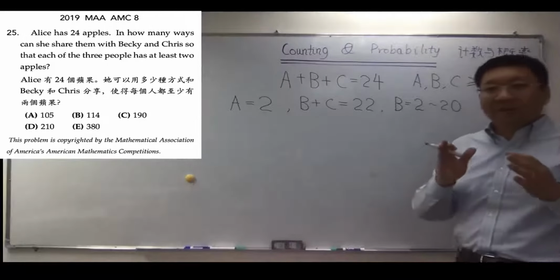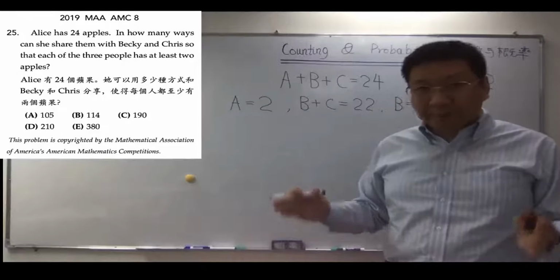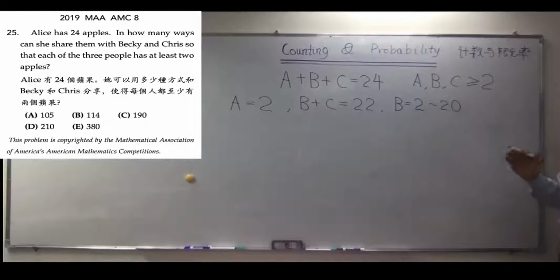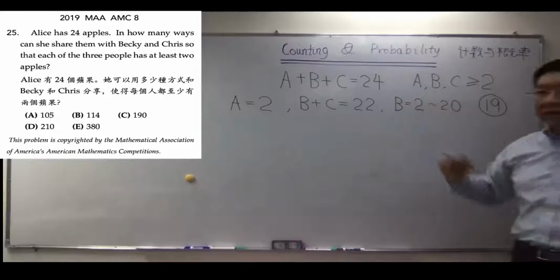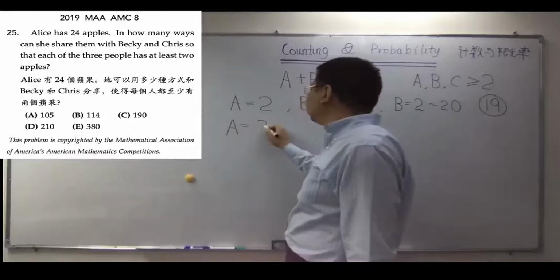Then from 2 to 20, how many possible cases are there? Remember, the answer is not 18, because from 1 to 20, there are 20 numbers. So we exclude 1. So actually, there should be 19 numbers. So we have 19 possible cases for A equals 2. So next would be A equals 3.